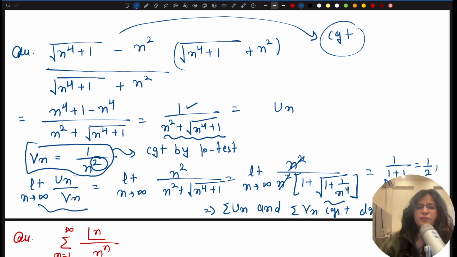This is called comparing un and vn, and you will get this limit as finite plus non-zero. So we can say that un and vn converge and diverge together. Now you can easily assess vn because vn is nothing but 1 by n to the power something, है ना. तो p test से vn का पता है हमें, so you can guess about un. Understood? All right. Let's discuss the other question.